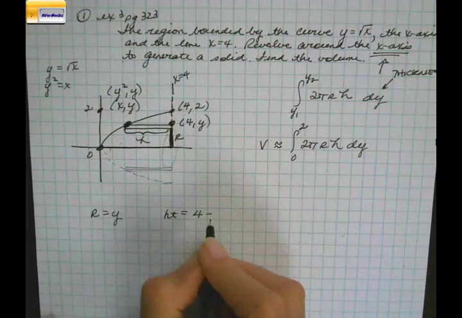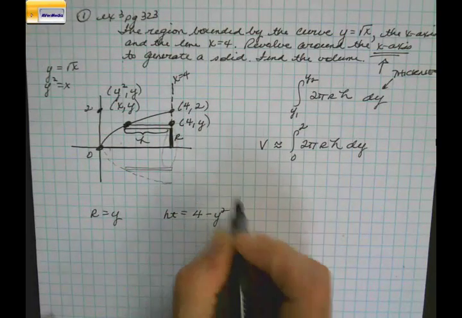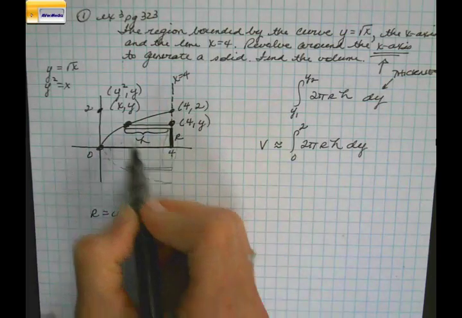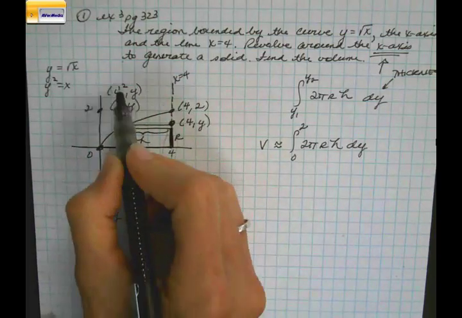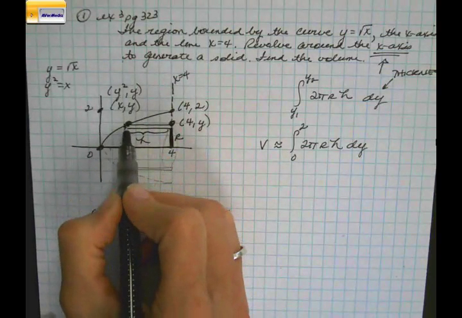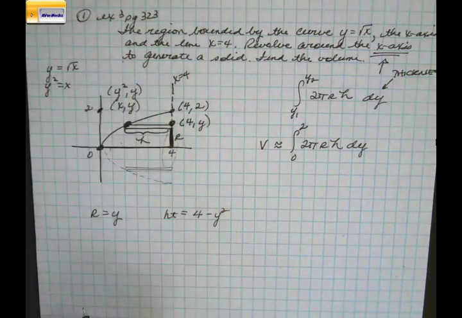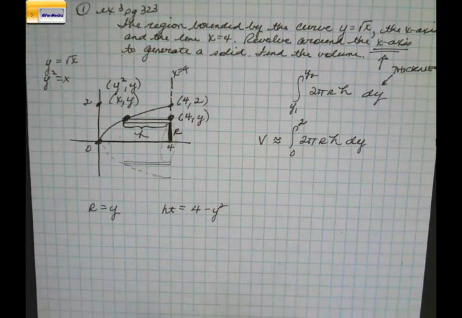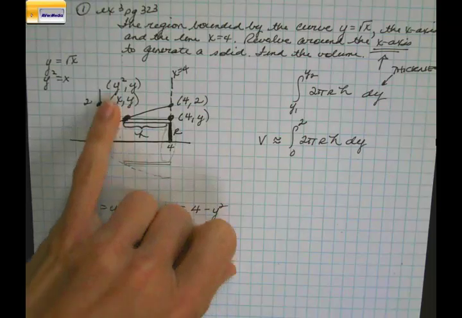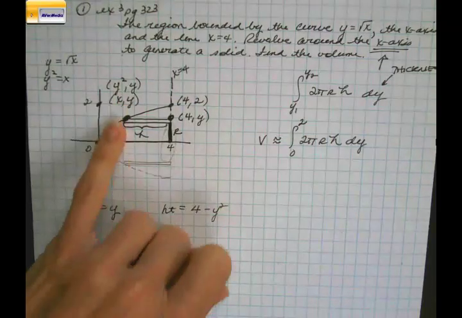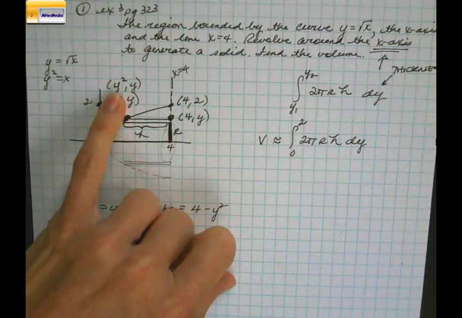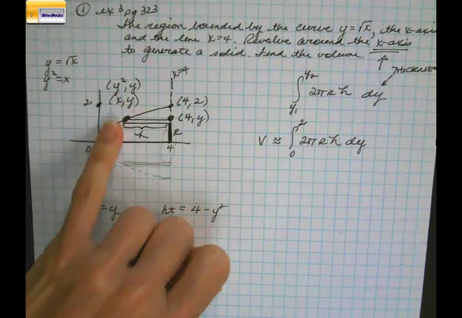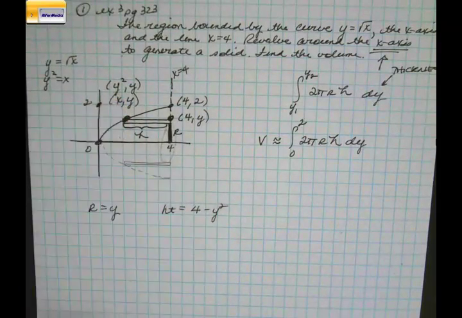It's 4 minus y squared, right? This is a 4, and this horizontal value is y squared. You can't have x, you have to have y squared.